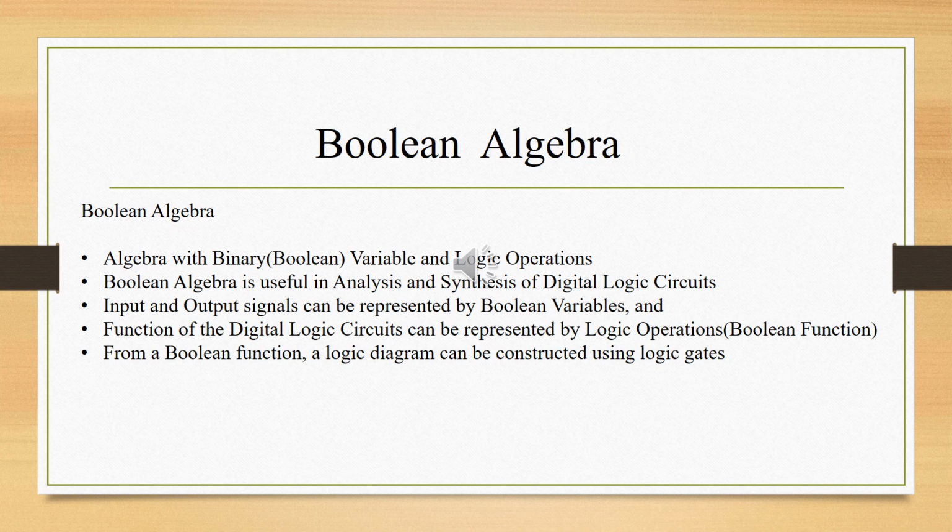After defining that, we have to find the relationship between input and output. So for this set of input, I need this set of output. Then we have to derive the logic expression for that relationship of input and output. There are many methods to derive the logical expression for any design. So these are the basic steps involved in Boolean algebra.